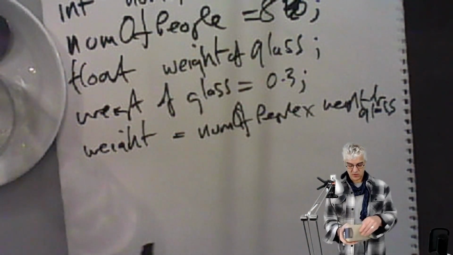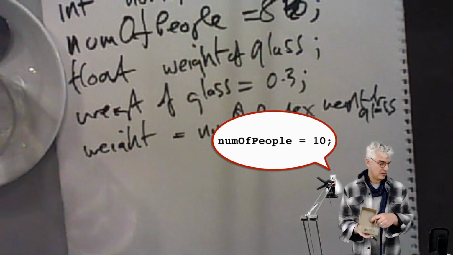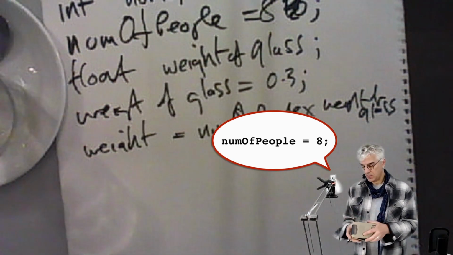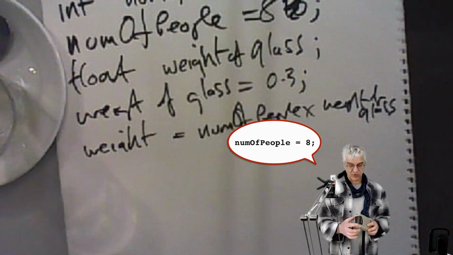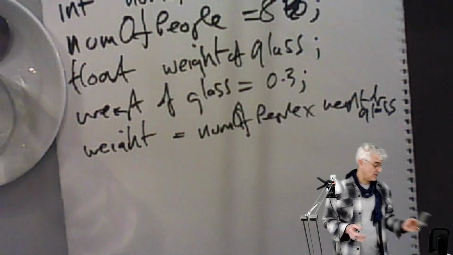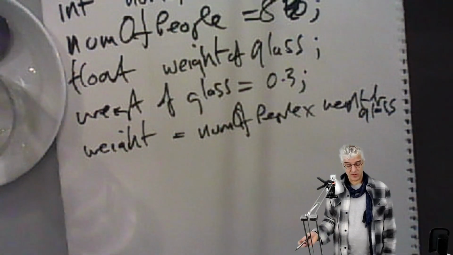If I change what's in this box, the number of people, it'll update automatically. So now I made a flexible calculation. I made a simple algorithm.